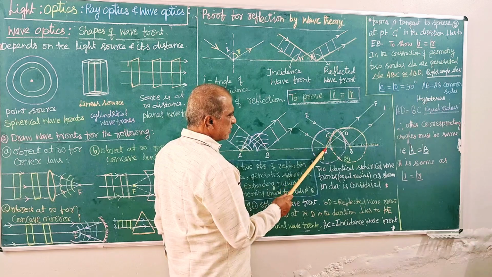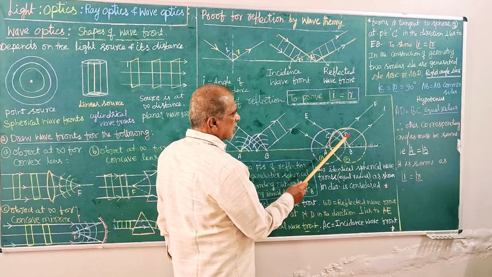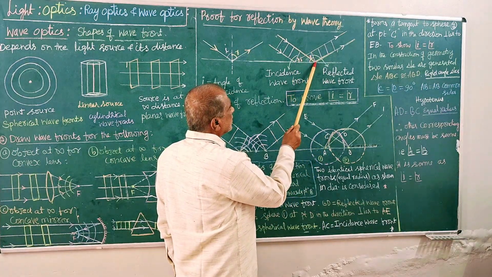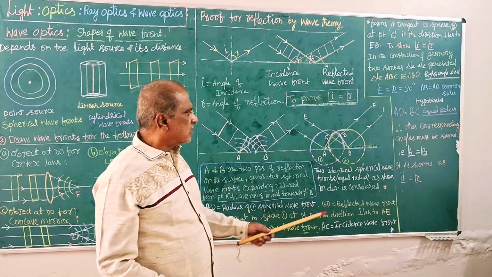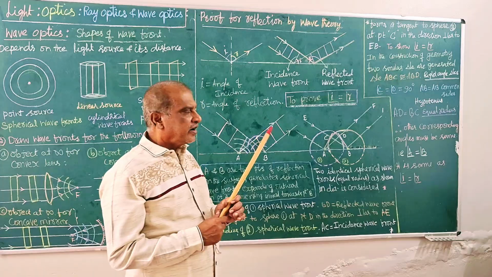Because this length remains the same, this length remains the same. They are parallel and remain parallel, and the wavefront length remains the same. It generates similar spherical wavefronts like this, with equal radius.